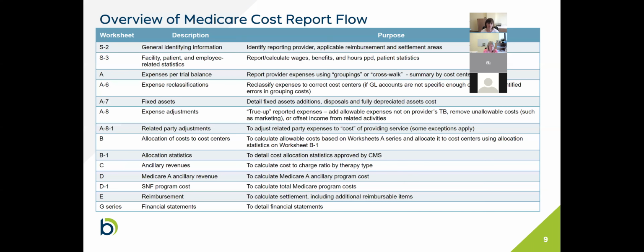Then we have a statistical section that has to do with facility, patient, and employee related statistics, where we present wages, hours, benefits, and patient statistics such as number of patient days, length of stay, and things like that.